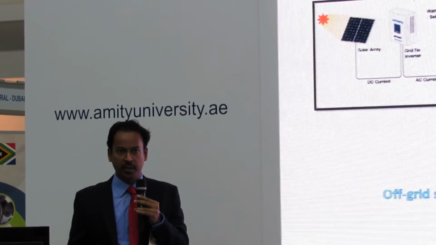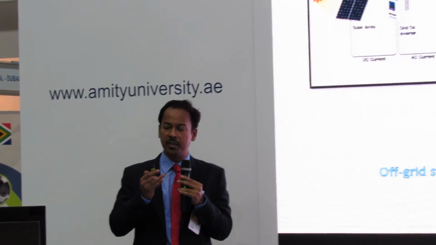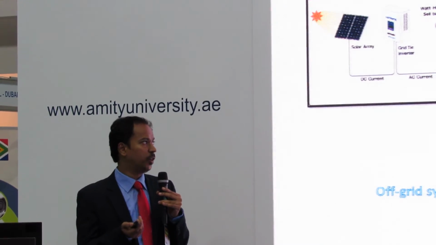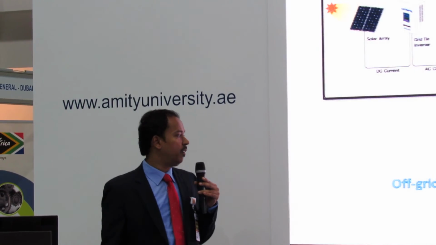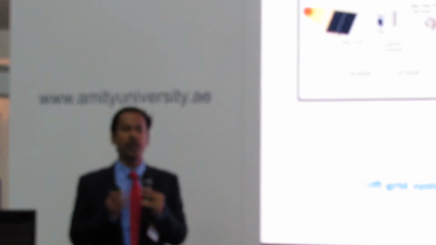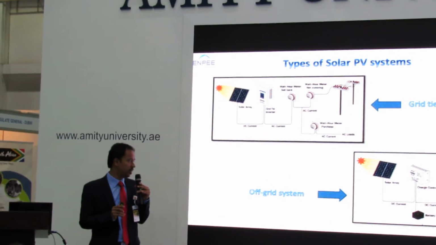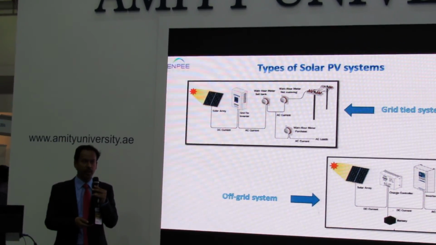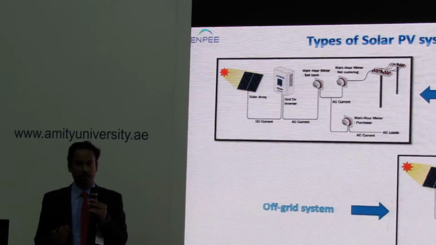Wherever you are connecting the output of the power generation from a solar to an electricity grid, without a storage, that is a grid-tied system, as simple as that. And wherever you have a storage mechanism like an intermediary battery, and then finally you take it for your application, that is an off-grid system. So in both cases, eventually you need a solar panel, because that is the source from which you draw the power.